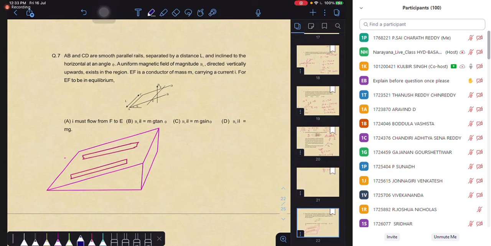Now on these two rails, what is given next is a conductor EF carrying a current I. And where is the conductor? The conductor is touching this way. This is a conductor, which you can consider a wire. The wire is placed on the rails. I hope you can understand the diagram now.